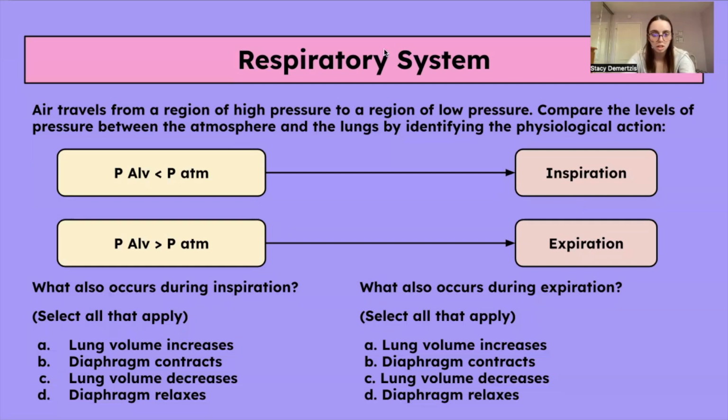So that is your key. Inspiration occurs when the atmospheric pressure is above the alveolar pressure. But what is going on when that happens? When we inhale, and this is a select all that apply question, what happens to our lung volume and what happens to our diaphragm specifically?